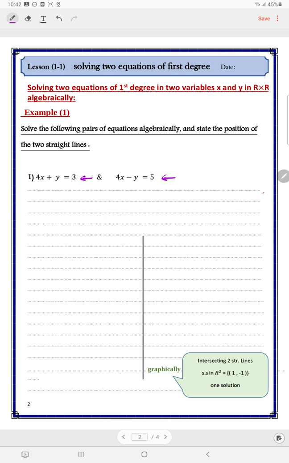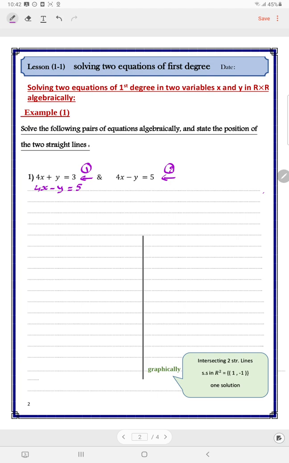Here I have two equations: 4x plus y equals 3, and the other one 4x minus y equals 5. To determine the position algebraically, I will put the two equations under each other. This is equation number 1 and this is equation number 2, 4x minus y equals 5.